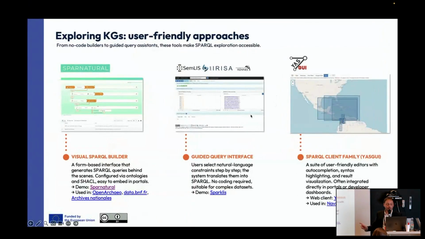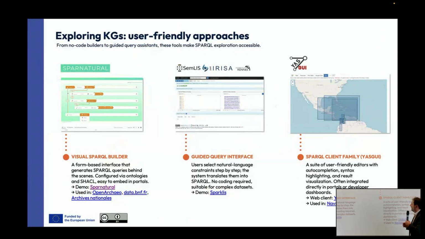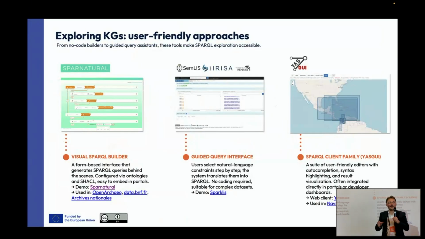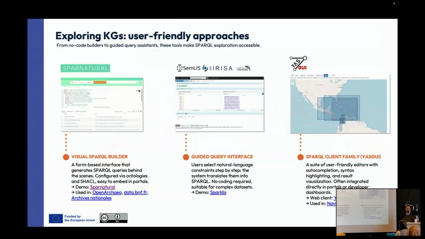We have also some other guided query interfaces. So Sparklis is another one, but as you can see here, you have some UX components to help you to better identify the entities you want to explore, but it's not really maintained, and it could be used as inspiration for our purposes.